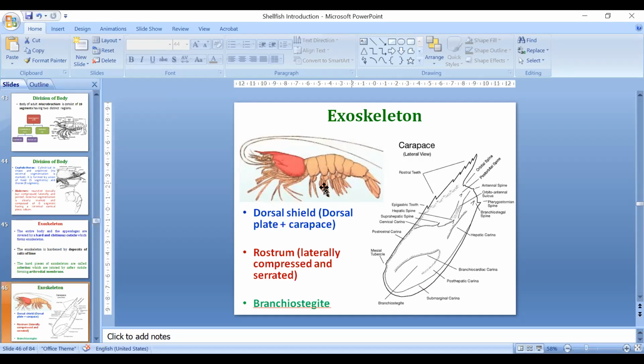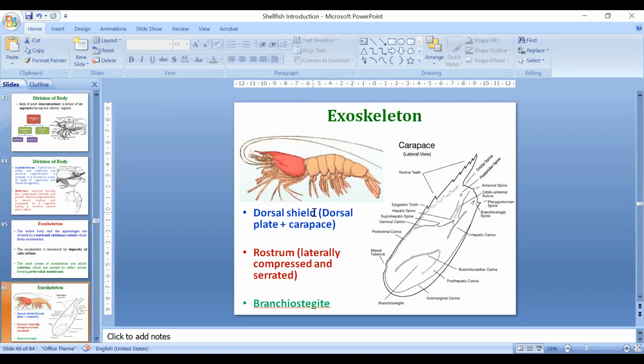Here you can see the image of this prawn. This red colored region is the exoskeleton of the cephalothoracic region. This is the topmost cover, the exoskeleton cap, which covers the cephalothoracic region.